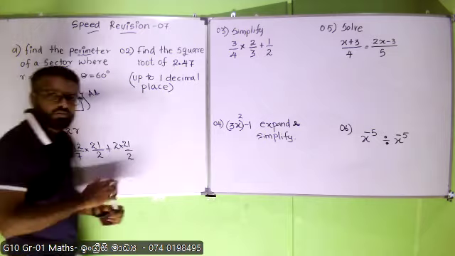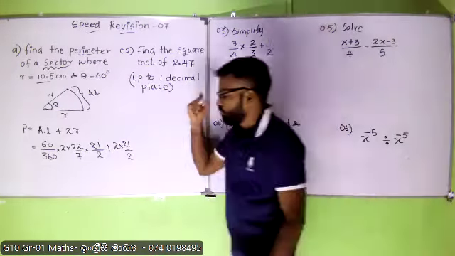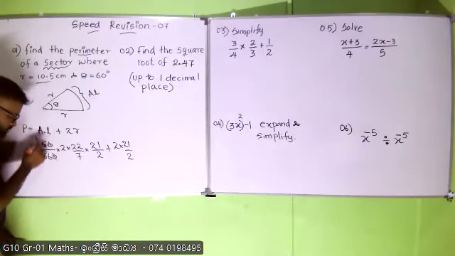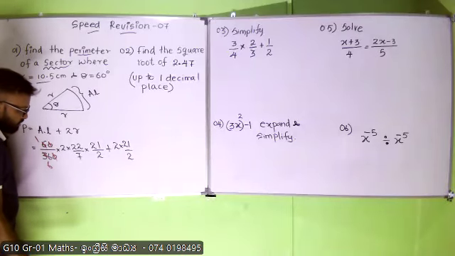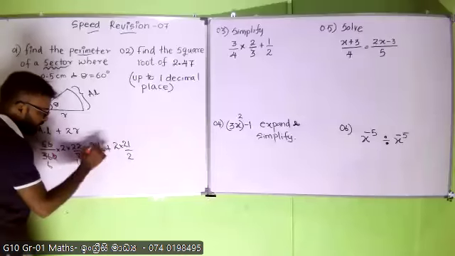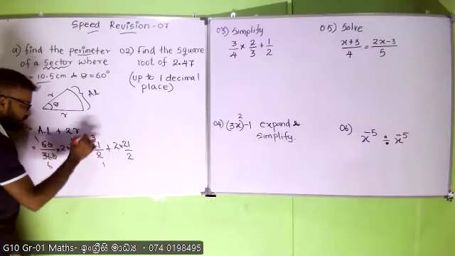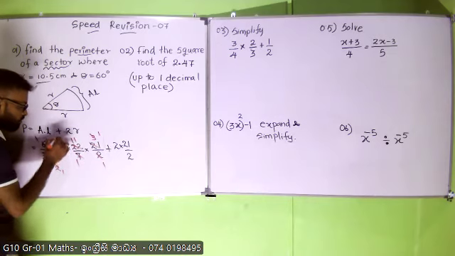Very nice. So you have to simplify it. I will use another pen to cut down: 6 times 1, 6 times 6; 7 times 1, 7 times 3; 2 times 1, 2 times 11; 3 times 1, 3 times 2; 2 times 1, 2 times 1.